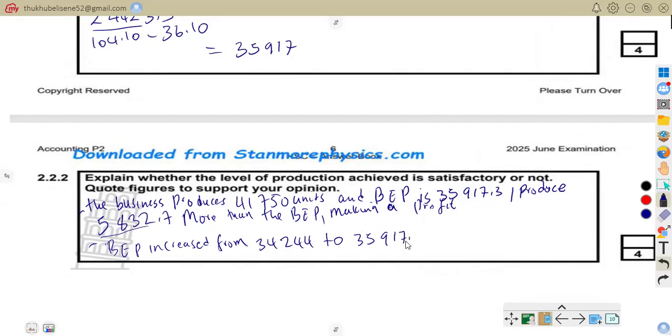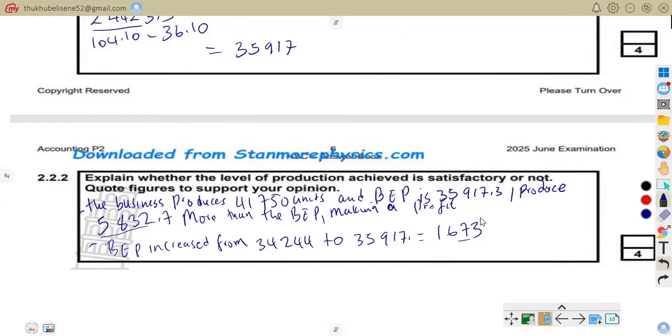So that is an increase, because you are going to say 35,970 minus 34,244. So it means it has increased by 1,673 units. So that is the increase that we are talking about. Hope we are together on that.